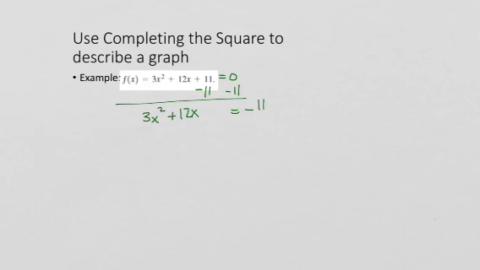Well now, because x squared has this 3 in there, I need to divide everything by 3 to get rid of that 3. And I'm going to write off to the side that I divided by 3, because I'm going to have to bring it back later. When I divide by 3, I get x squared plus 4x equals negative 11 over 3.